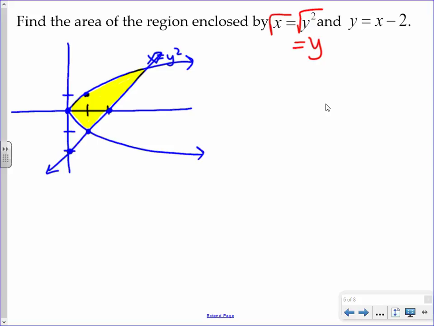You're missing something: plus or minus the radical. When we solve using a square root, we have to include the plus or minus. So this portion right here is y equals radical x, and this right here is y equals negative radical x.